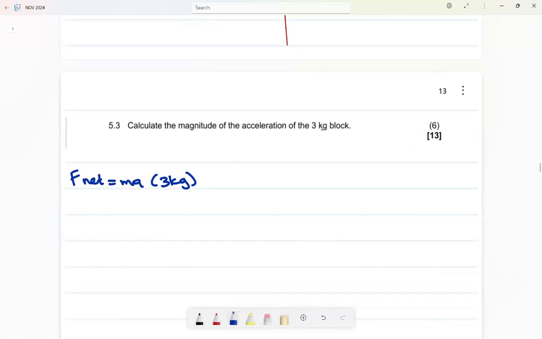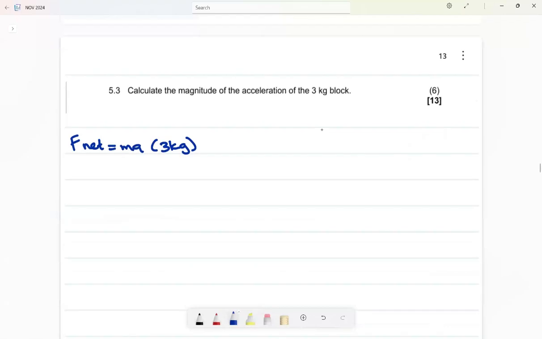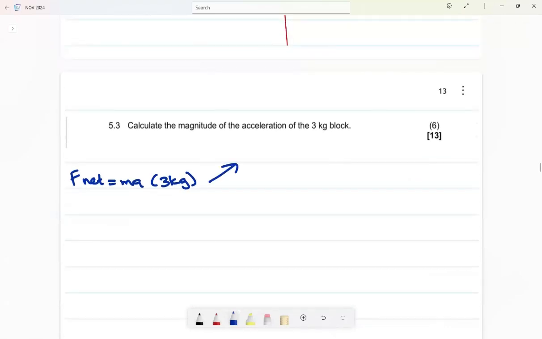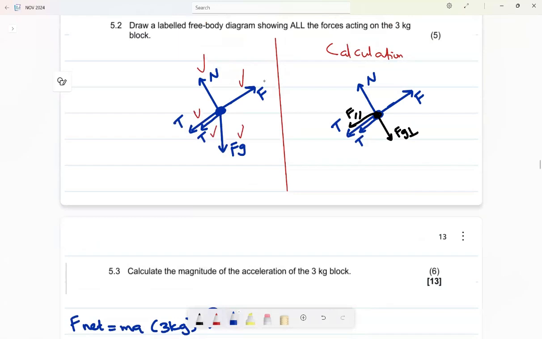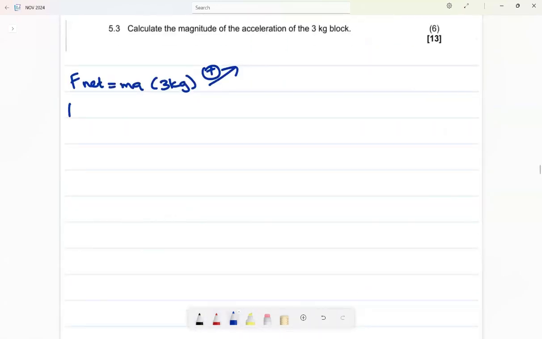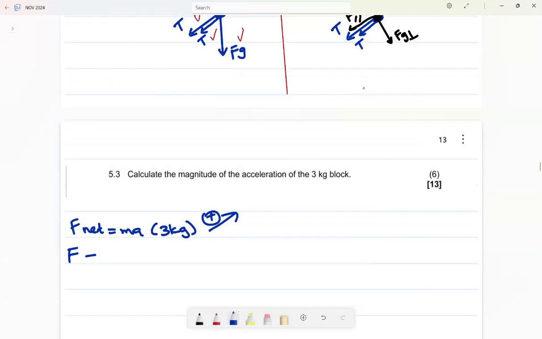All right. Now we have F net, so we're gonna choose up the incline as positive. Up the incline is positive, so we're gonna have applied force going up the incline, and then you're gonna have minus all the other forces acting downward.